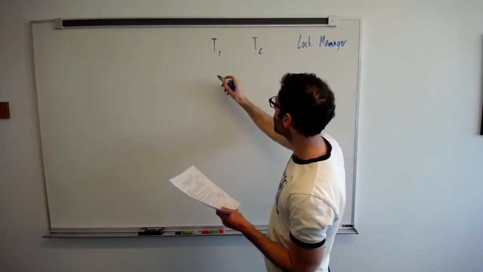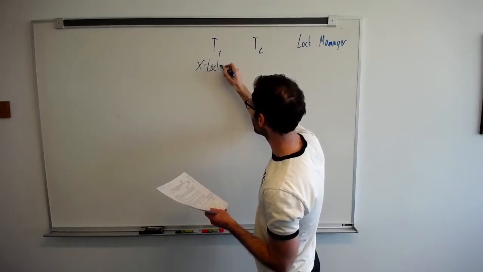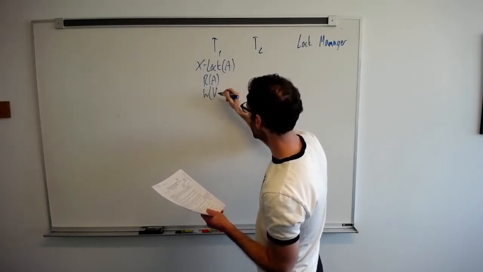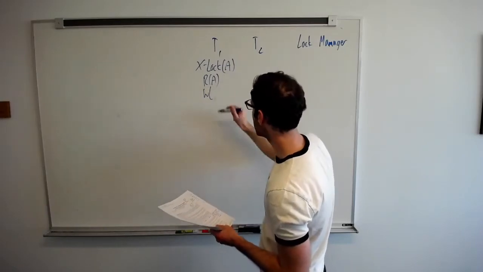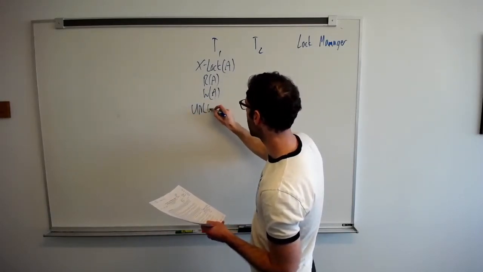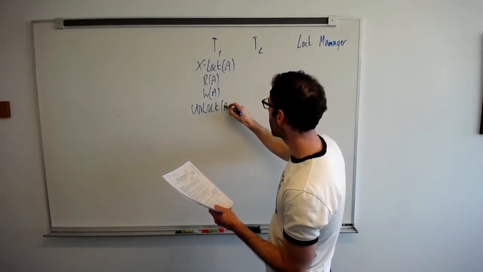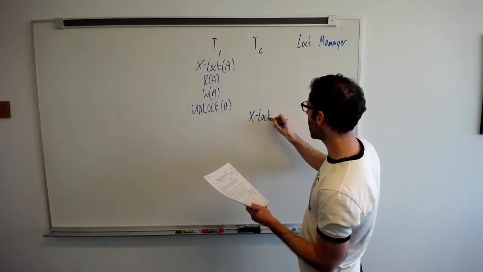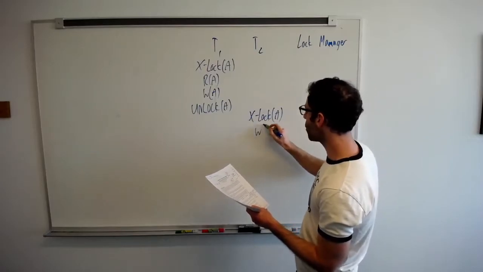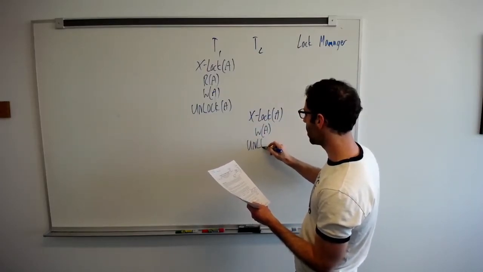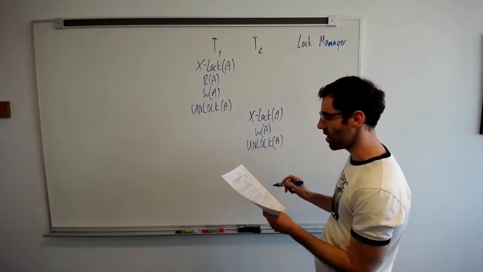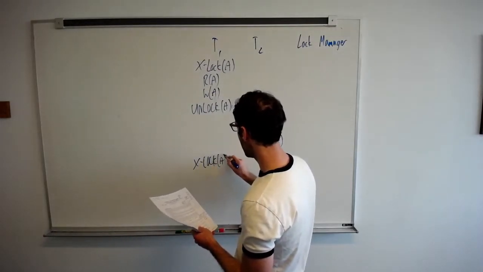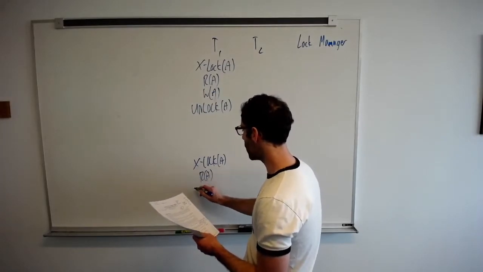Transaction 1 says, give me an exclusive lock on A, then it's going to read A, write A, and then unlock A. Then T2 takes an X lock on A, it writes A, it unlocks A. Then T1 comes back, locks A again, reads A, unlocks A.